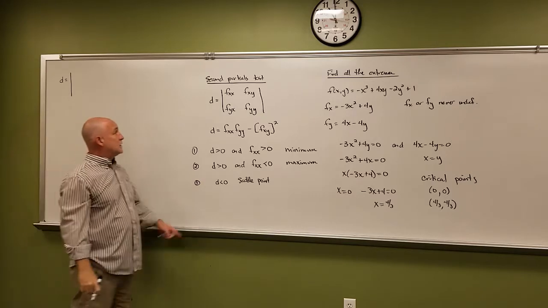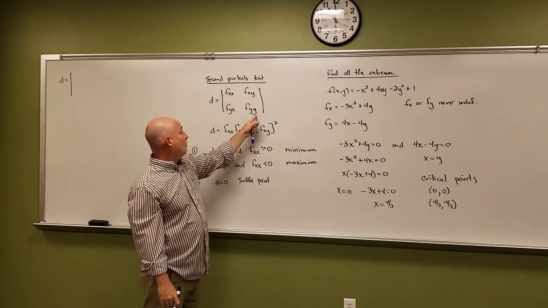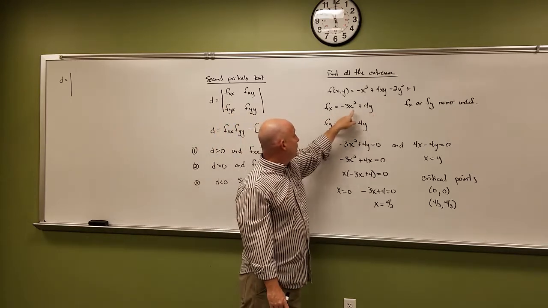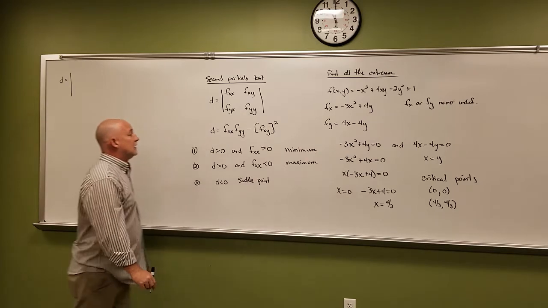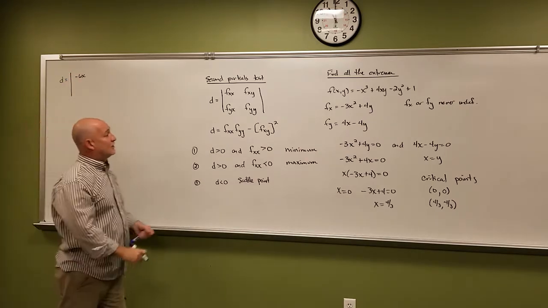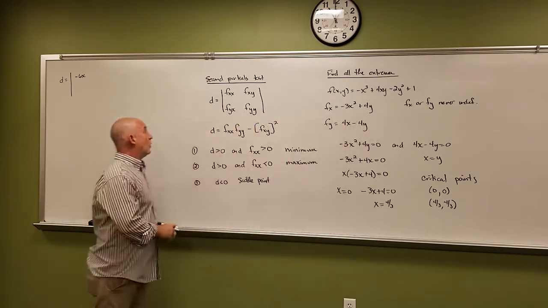Okay, so notice for d here, I need f sub xx, f sub xy, f sub yx, and f sub yy. So let's start. F sub xx, the derivative of this with respect to x, is negative 6x. F sub xy, the derivative of this with respect to y, would be 4.